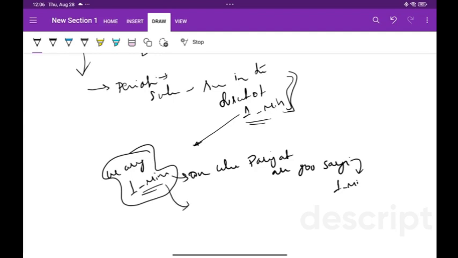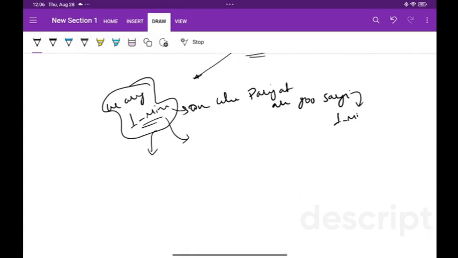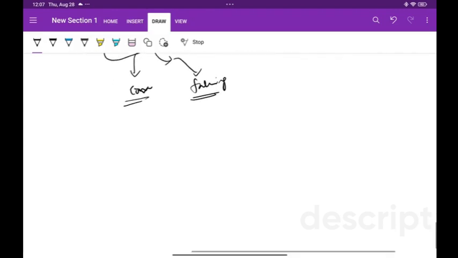So we need to check what parameters it is considering, whether this statement is correct or it is randomly faking. In order to analyze this statement, I will give one example.